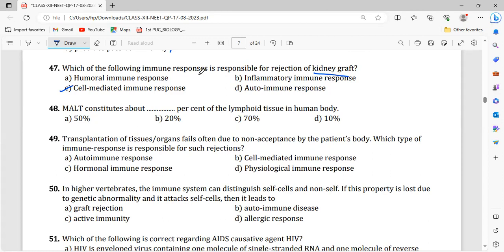The cells which belong to our body and the cells which do not belong to our body are differentiated by the cell mediated immune response, where T cells are involved, and these cells reject the non-self cells. The transplanted organ is also non-self. So the answer is cell mediated immune response.